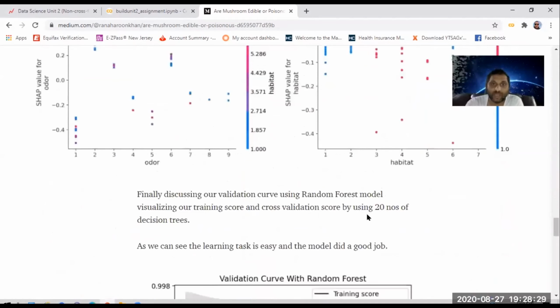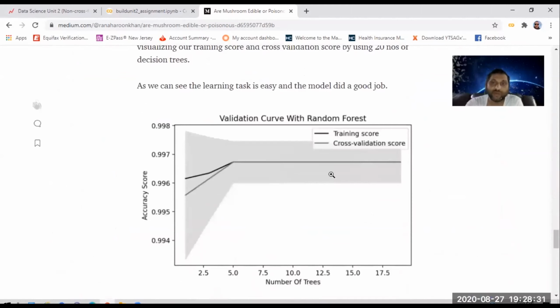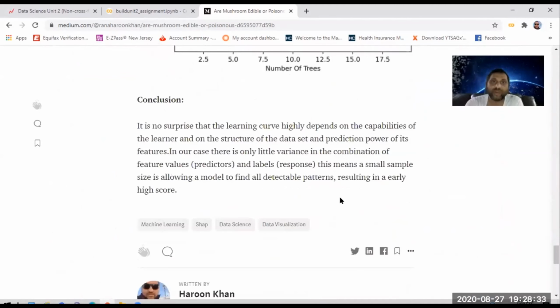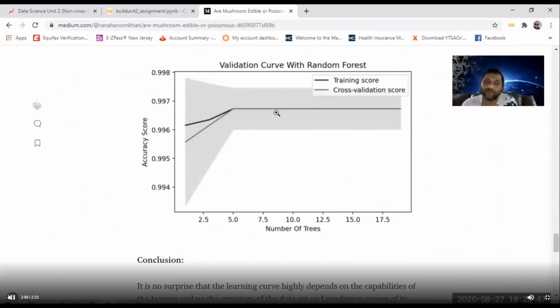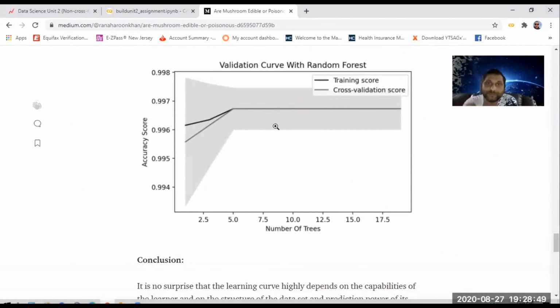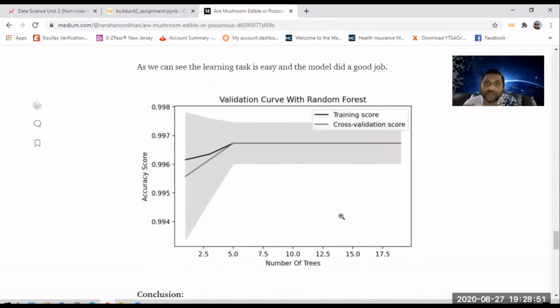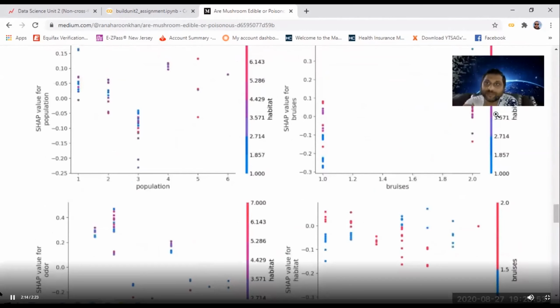Last one is the validation curve with our random forest. In our case, there is only little variance in the combination of feature values and the labels. This means a small sample size is allowing the model to find all the detectable patterns, resulting in this early high score with our random forest classifier on our data set. And that's it.